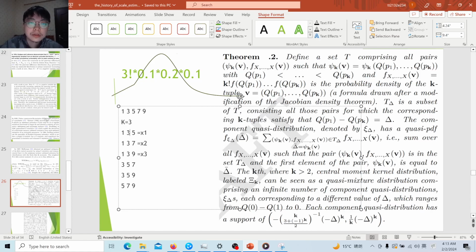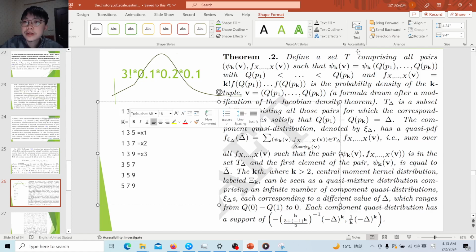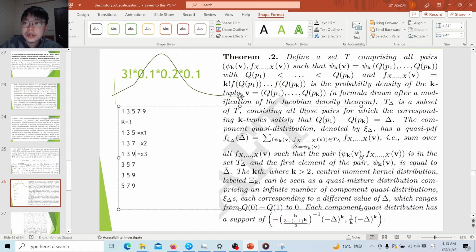Yes, of this tuple. So we define a set T comprising all pairs like that, and then we define a subset of T, such that we consider all the tuples satisfying that the first quantile minus the second quantile, or the first quantile minus the last quantile, is equal to a delta, the same value.